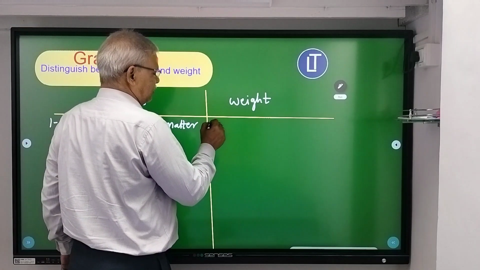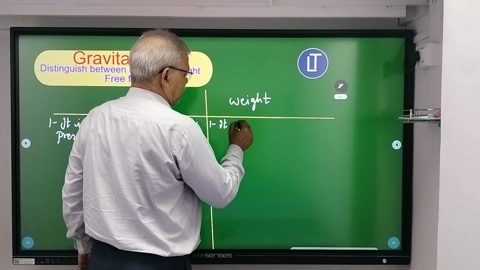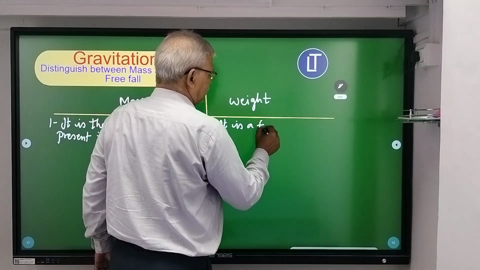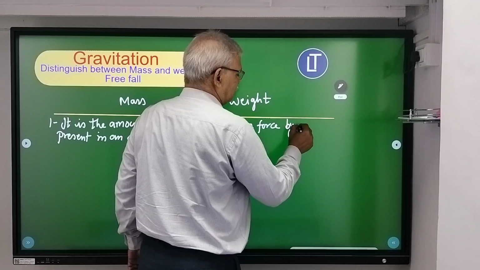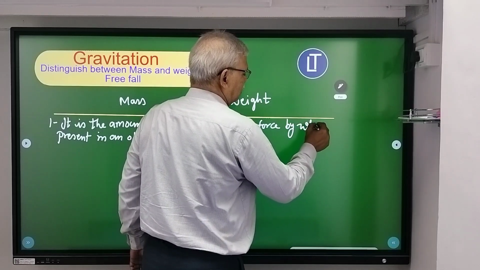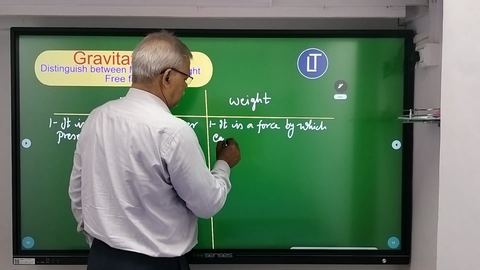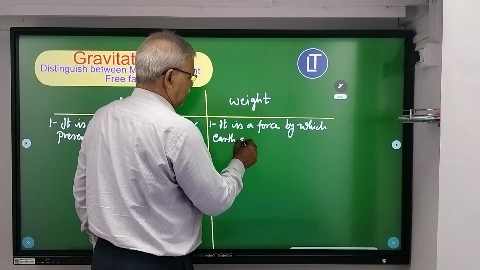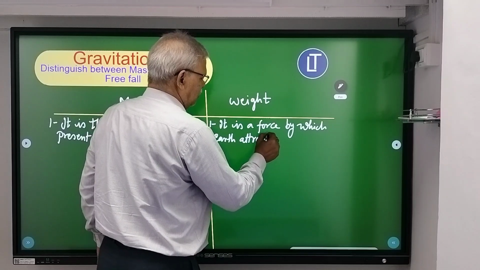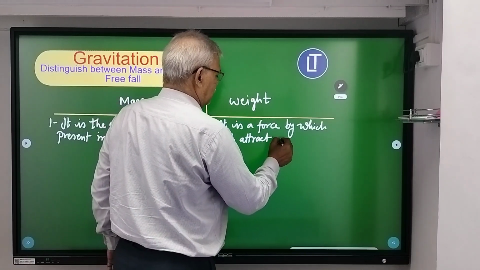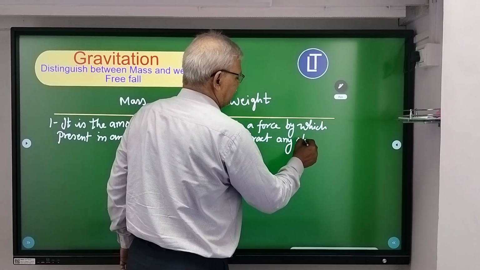And for weight, it is a force by which earth attracts any object towards it.